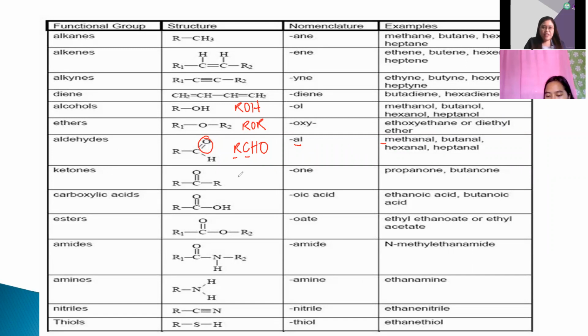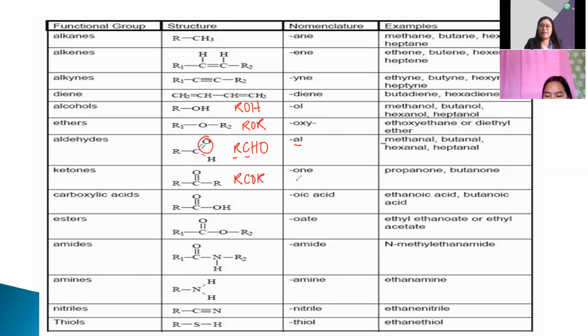And then we have the ketones. Our general formula for ketones is RCOR. Meron tayong parang parehas siya ni ether na both ends will have the R group. And then at the center, ang kaibahan lang nila, instead of the oxygen, you'll have at the center C double bond O. So if you see this formula, class, you should know that the functional group is ketone.